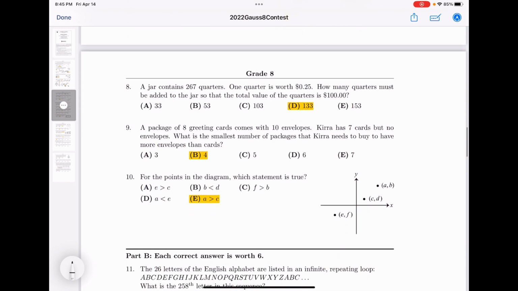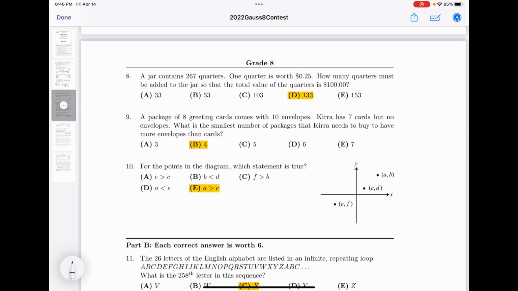Number 8, a jar contains 267 quarters. 1 quarter is worth $0.25. How many quarters must be added to the jar so that the total value of the quarters is $100? So we already have 267 quarters, and each quarter is worth $0.25.